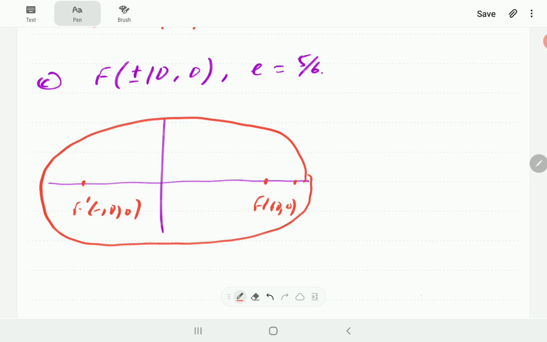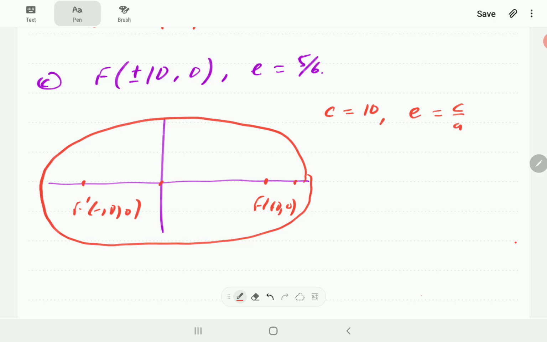The center is going to be the midpoint between 10, 0 and minus 10, 0, so the center is 0, 0. The distance from the center to the focus is c. So this is telling us that c is equal to 10.